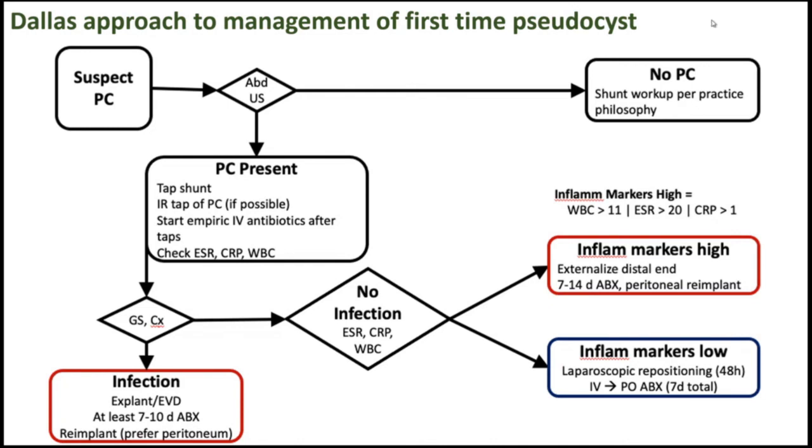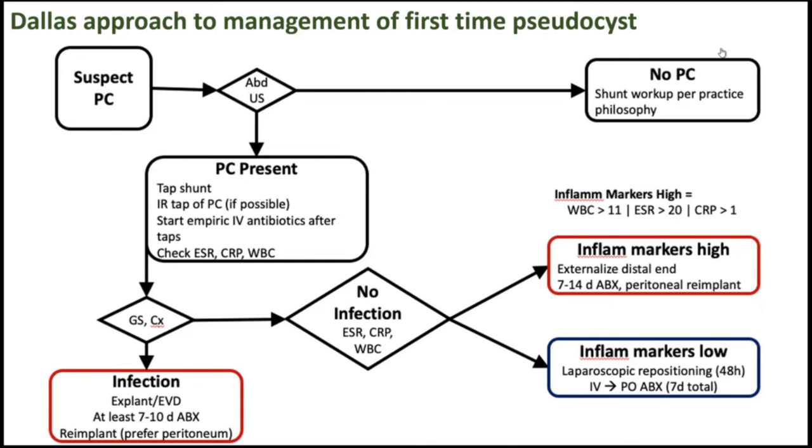This seems to be more of a pediatric problem than an adult problem. Dr. White, is that true from your standpoint? We see a not insignificant number of pseudocysts each year, maybe 4 or 5 a year.